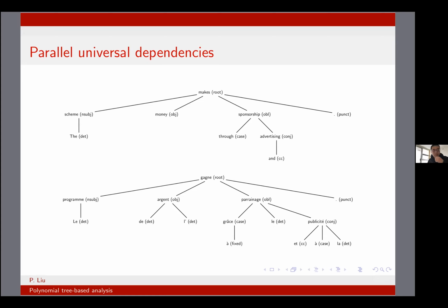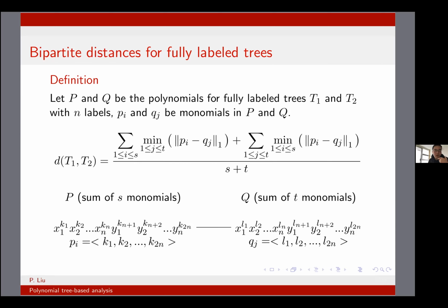We have a bunch of labels, so we are dealing with fully labeled trees here. And for fully labeled trees, we give a new metric, or new distance. This is a semi-metric. It does not really satisfy the triangle inequality.